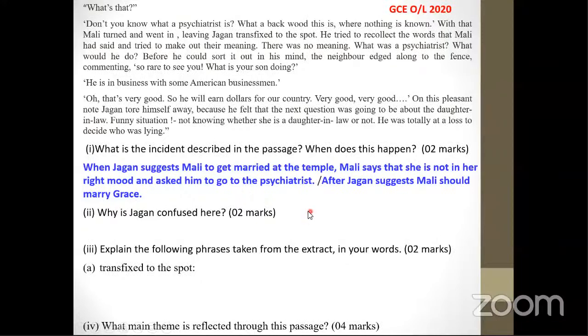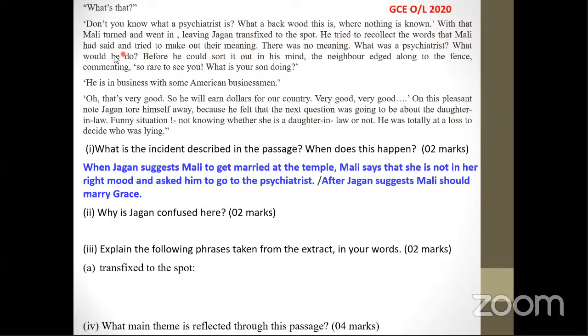Question number 2, why is Jagan confused here, right? And here we see, leaving Jagan transfixed to the spot, he tried to recollect the words that Mali had said and tried to make out his meaning. Psychiatrist, backward.